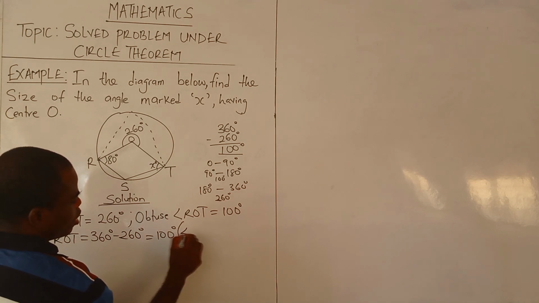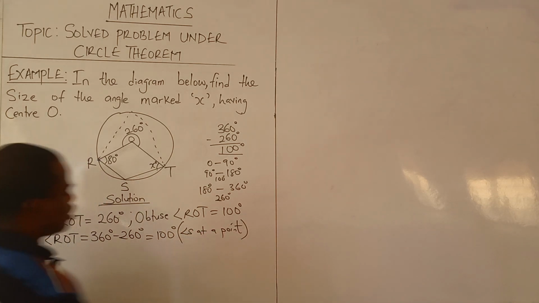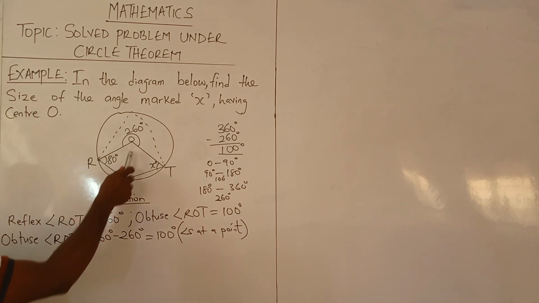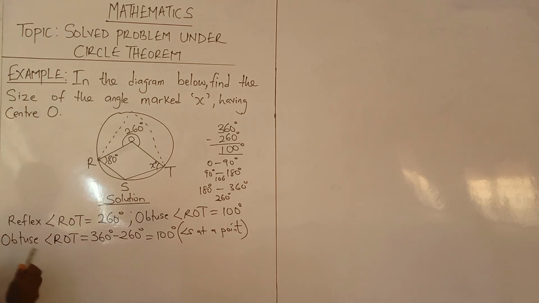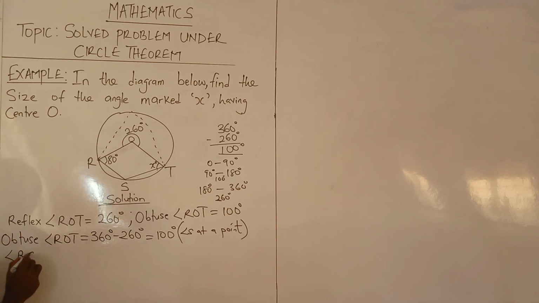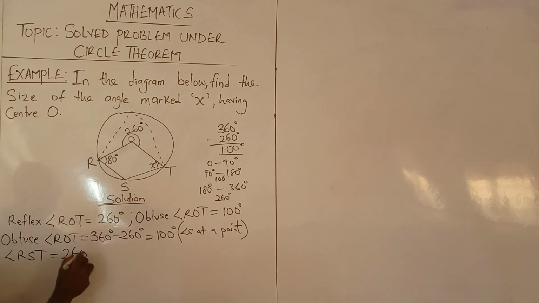What's the reason? Angles at a point is equal to 360 degrees. To get angle RST equals 260 degrees divided by 2.